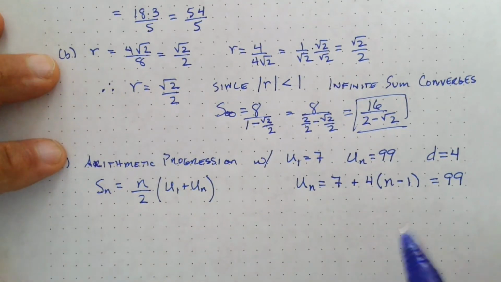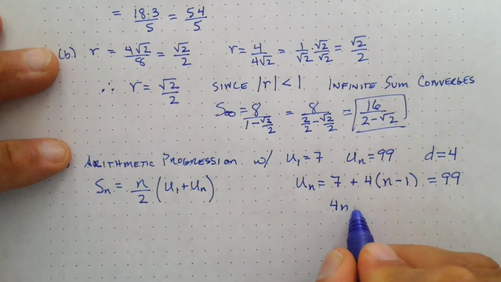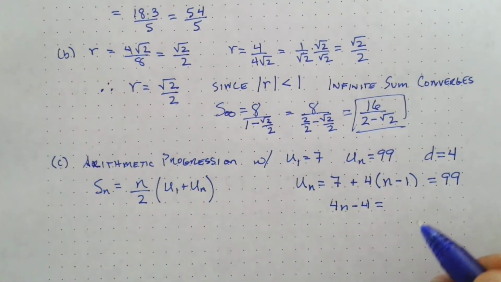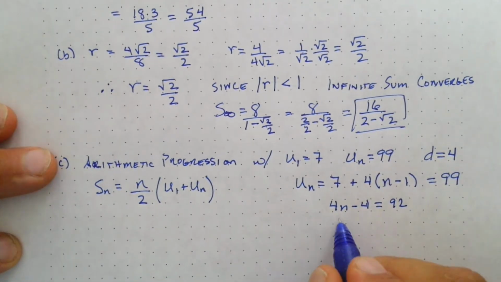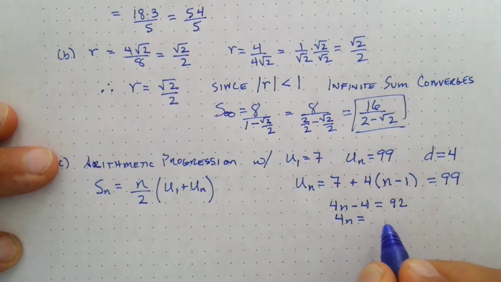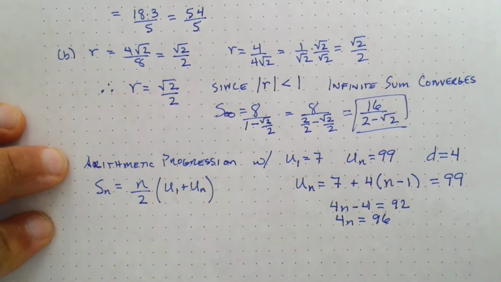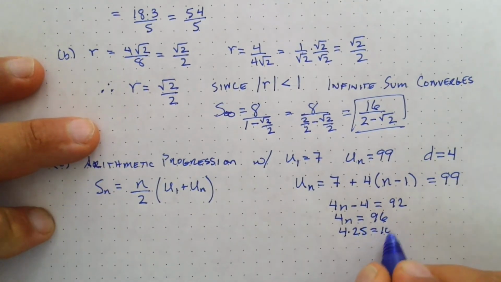So, looking to solve, I can say that 4n minus 4 needs to equal 99 minus 7, so that would be 92. And so then that means that 4n needs to equal 96. I know that 4 times 25 equals 100.